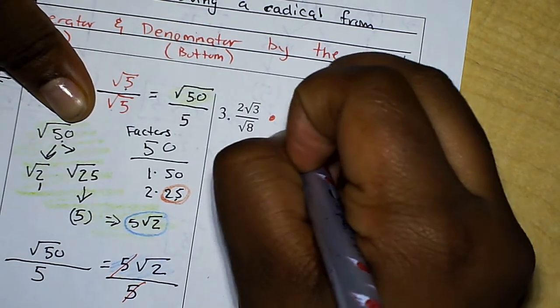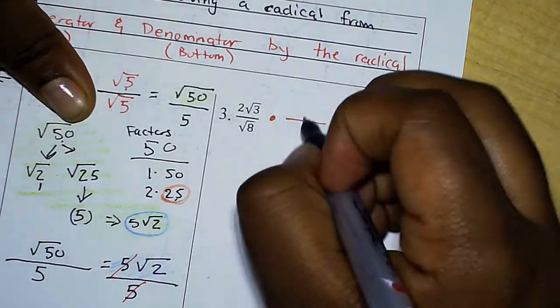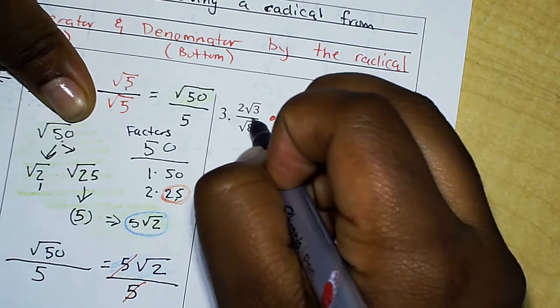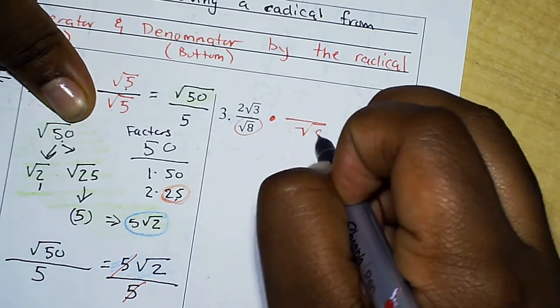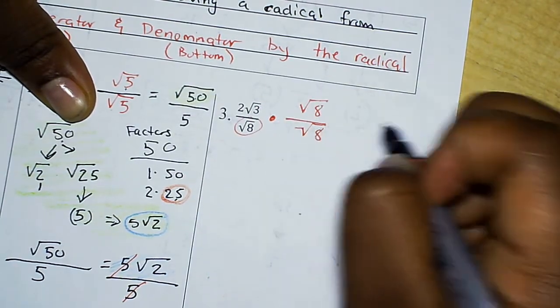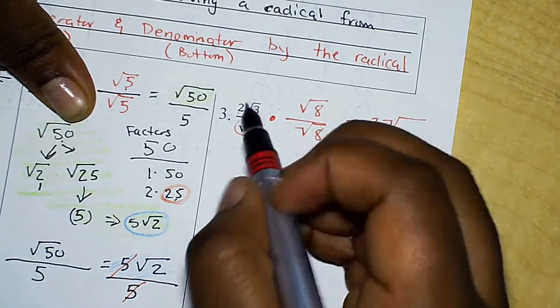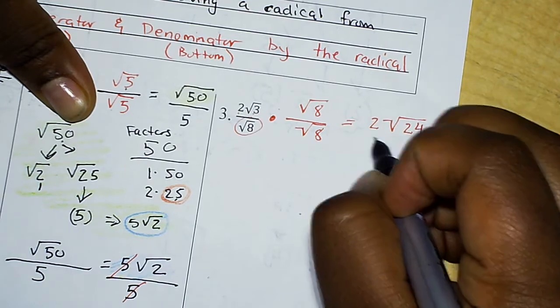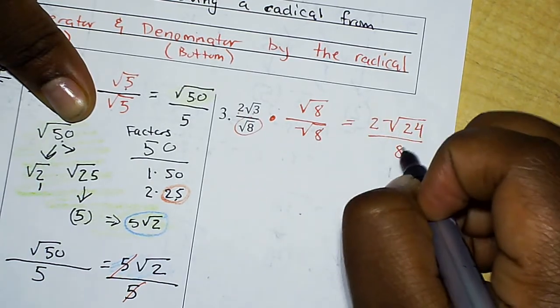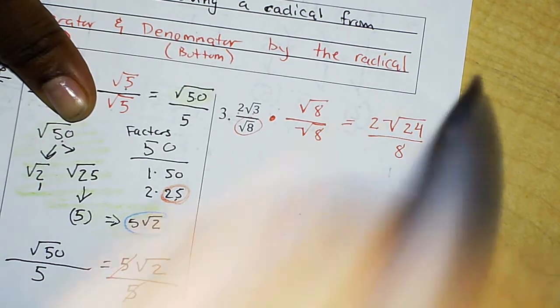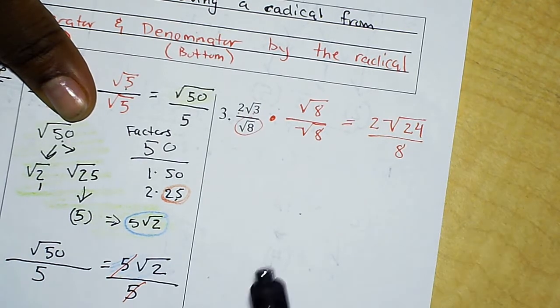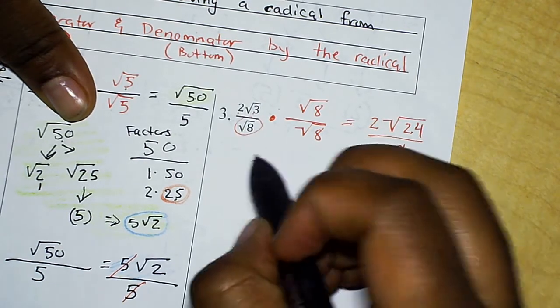So first we got to rationalize. So I got to multiply the top and the bottom by the square root of 8. So I got the square root of 8. Square root of 8. I got to multiply my coefficients. So that's going to give me 2 times the square root of 24 over 8. So now I got to simplify the square root of 24.